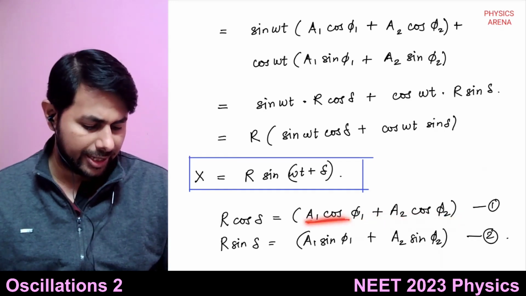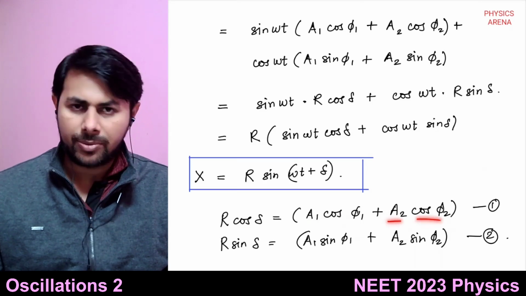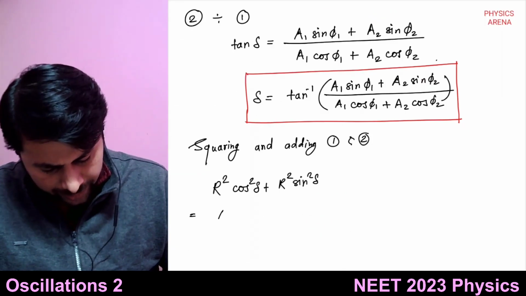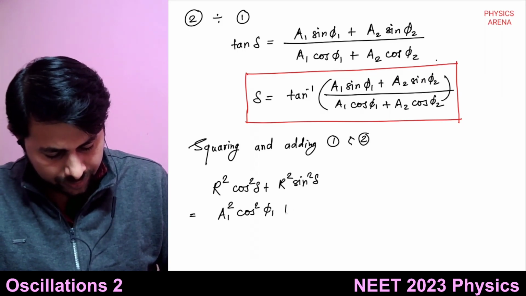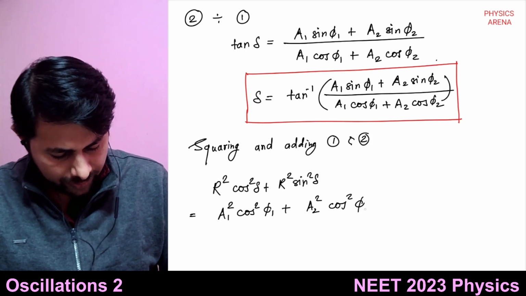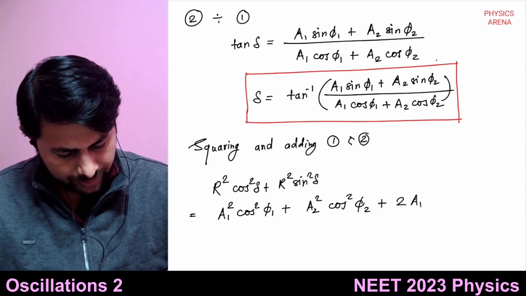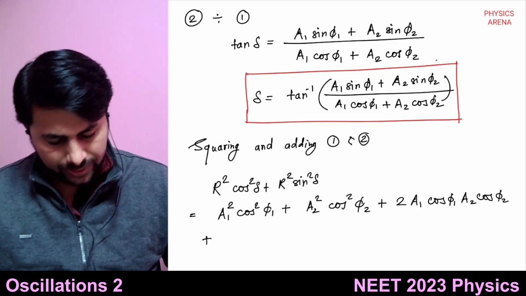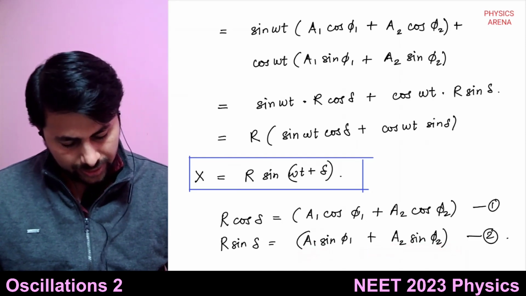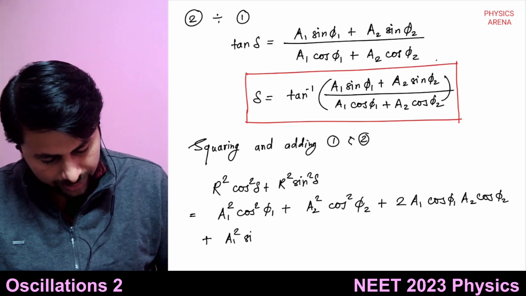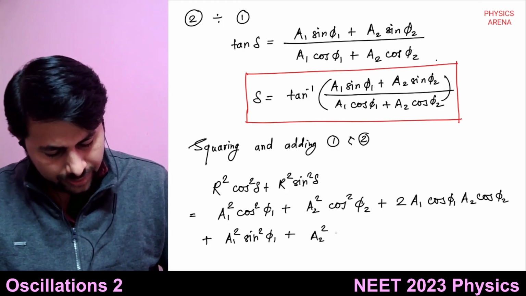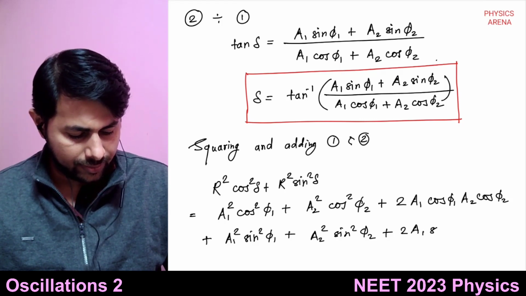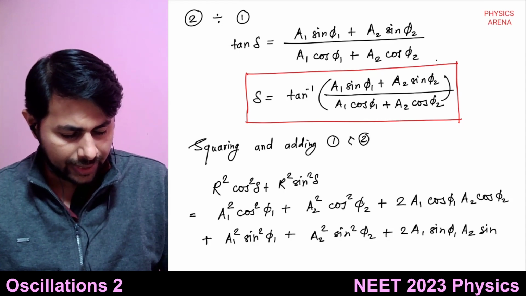So the square will be A1 square cos square phi 1 plus A2 square cos square phi 2 plus 2 times A1 cos phi 1 multiplied by A2 cos phi 2, plus similarly the square of this, A1 square sin square phi 1 plus A2 square sin square phi 2 plus 2 times A1 sin phi 1 multiplied by A2 sin phi 2.